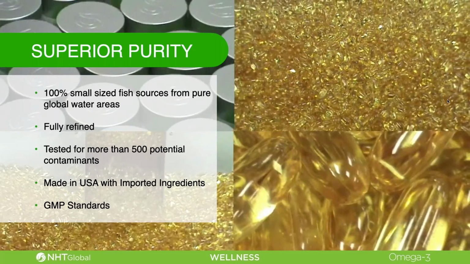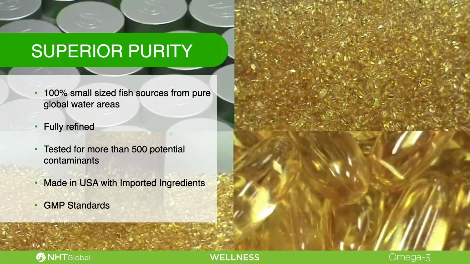We use smaller fish with shorter life cycles to help in purity, as well as we source from pure global waters that are certified Friend of the Sea friendly, meaning the waters are pure, that the fish are harvested in a sustainable way, and the whole process all the way through has respect for the environment.